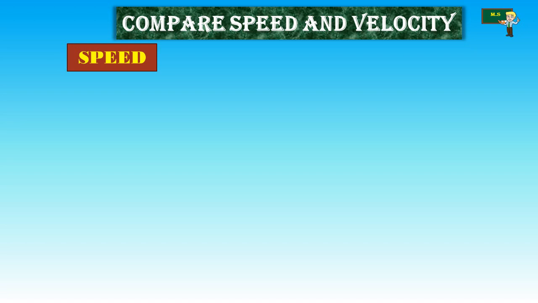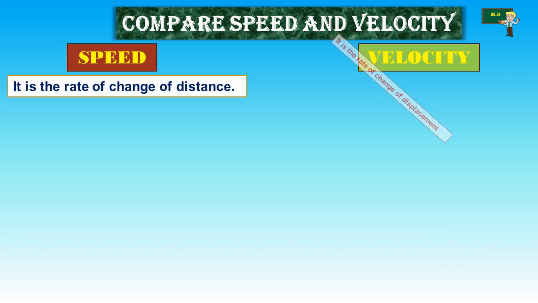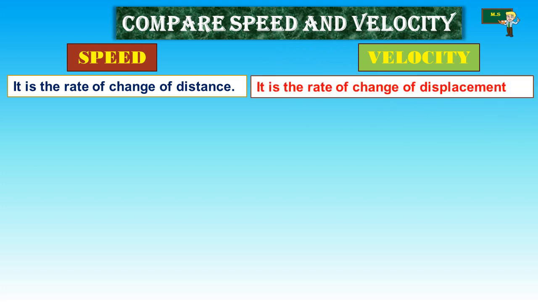Speed is the quantity which shows how fast the body is moving, but velocity is the quantity which shows the speed as well as the direction of the moving body. First one, speed is the rate of change of distance and velocity is the rate of change of displacement.